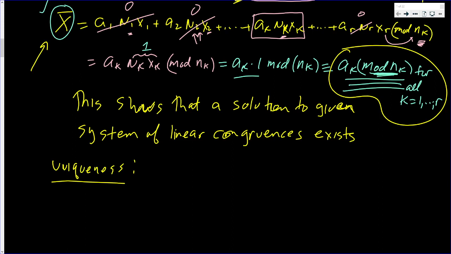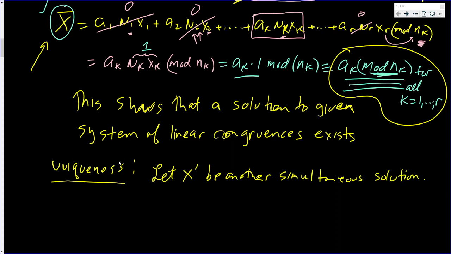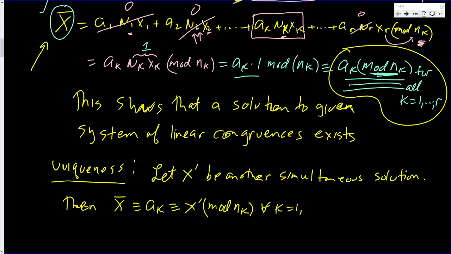Okay, so, like always, let x prime be another simultaneous solution to our system. I'm not going to write that again. Well, then it's obviously so that x bar is congruent to a sub k, which is also congruent to x prime mod n sub k for all k's.